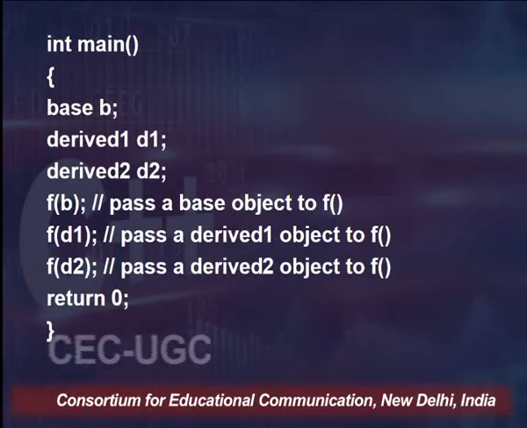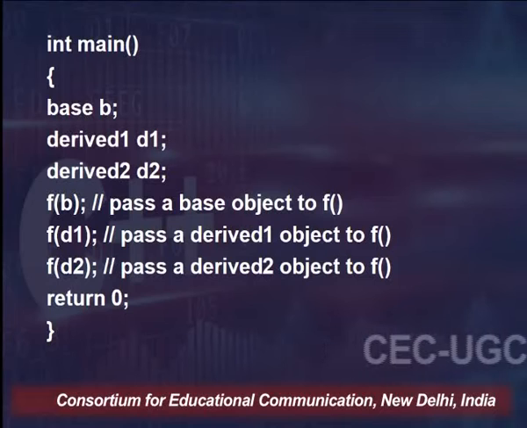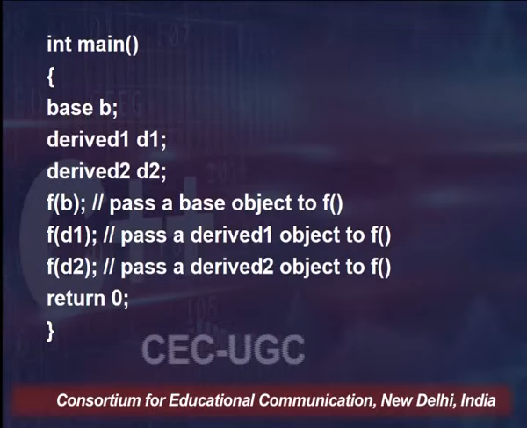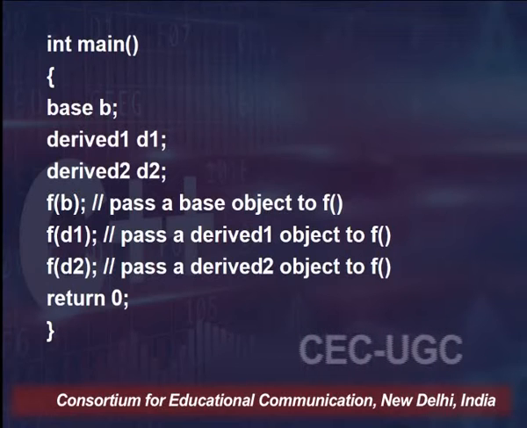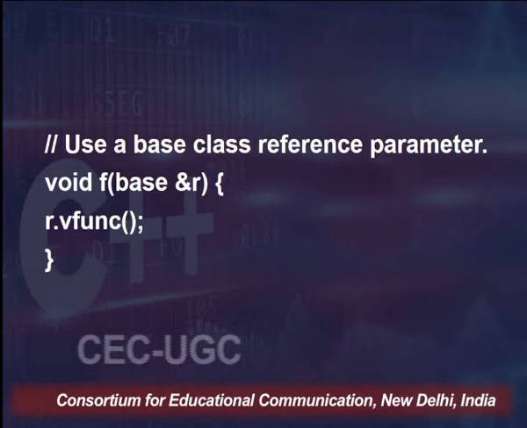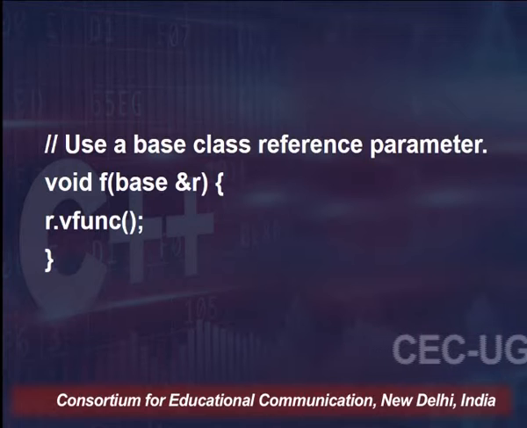After creation of the objects, whenever an object is passed to the function f, for example the statement f of B, this calls this particular function, and the parameter being passed is a base class reference.